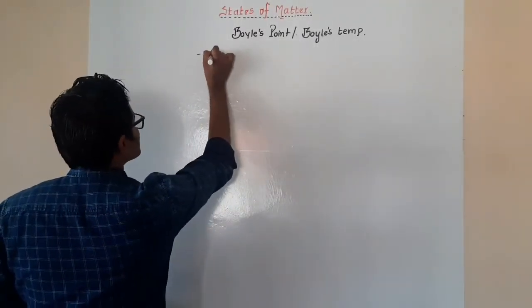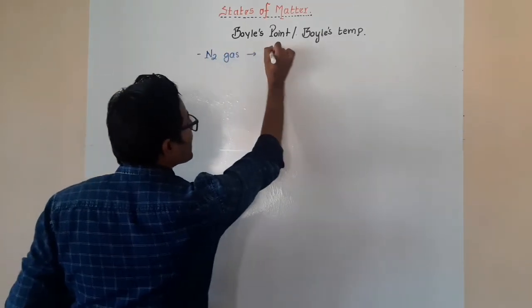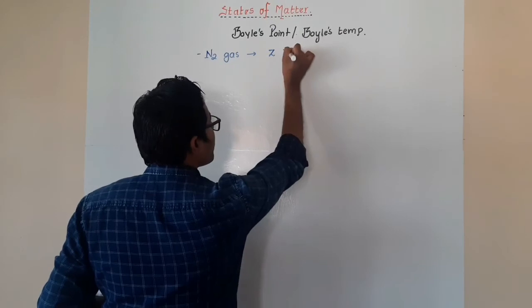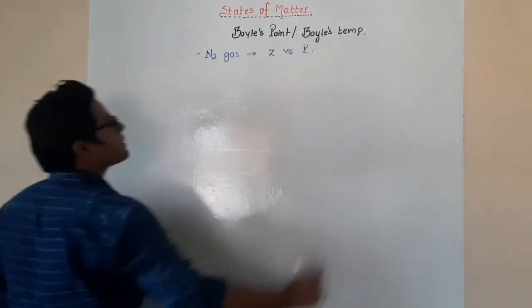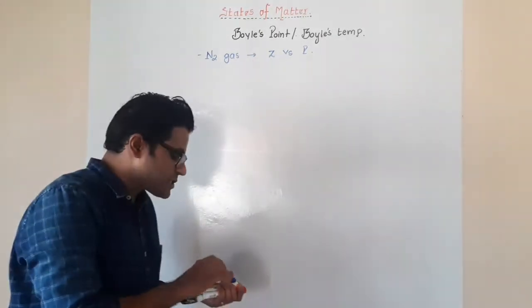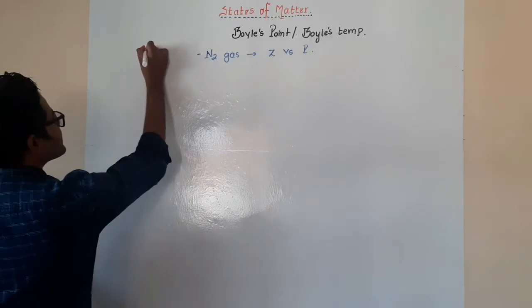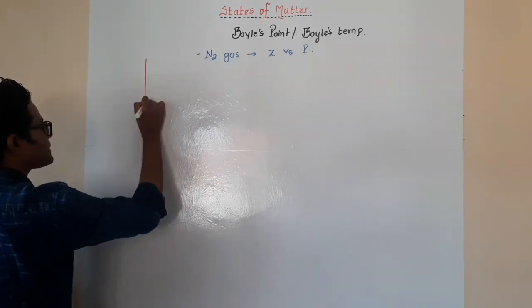Let's take nitrogen gas and plot a graph of Z versus pressure. Now Z again is the compressibility factor.